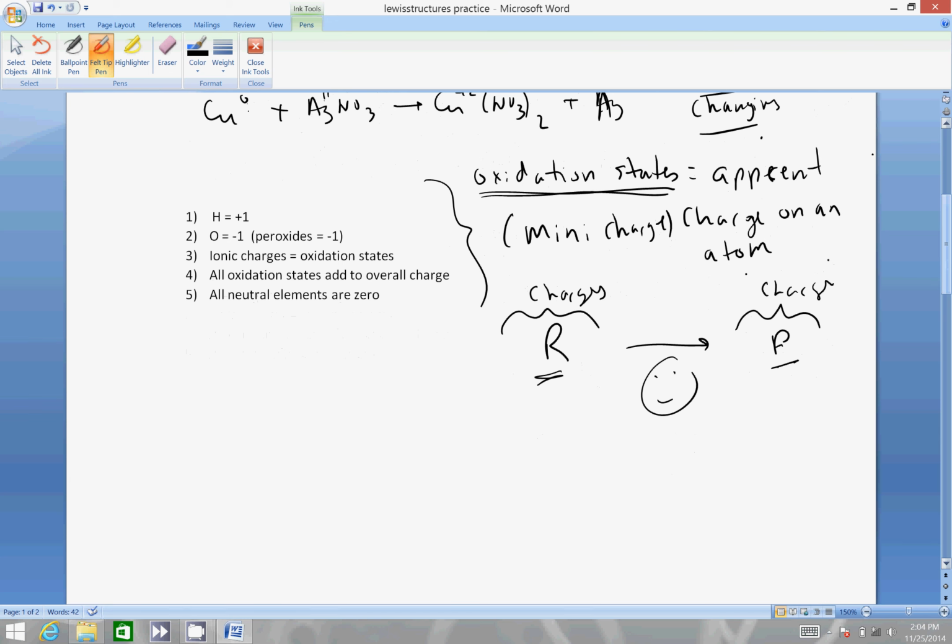Before we can assess an actual chemical reaction, we need to practice assigning these charges. So we'll have, for example, H2O, CO2, NO3 minus 1, Mg(OH)2, Cr2O7 minus 2, and one last one.